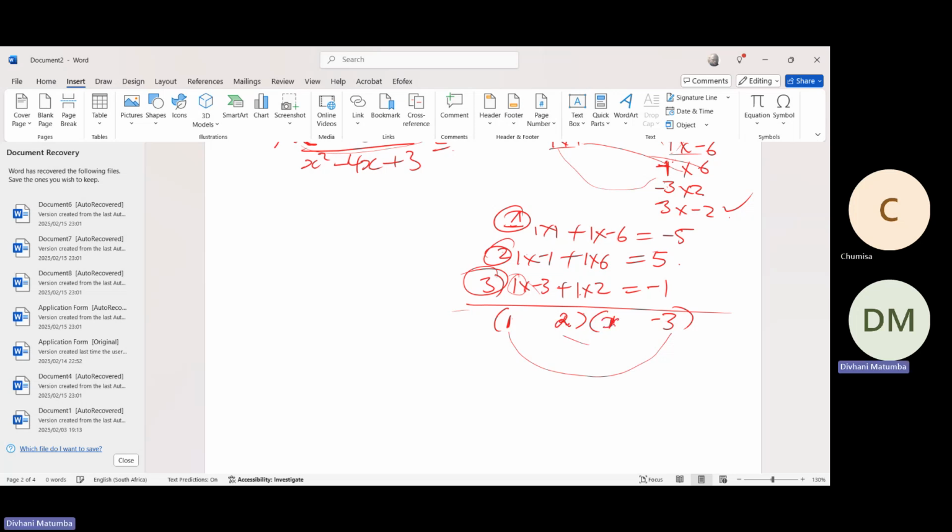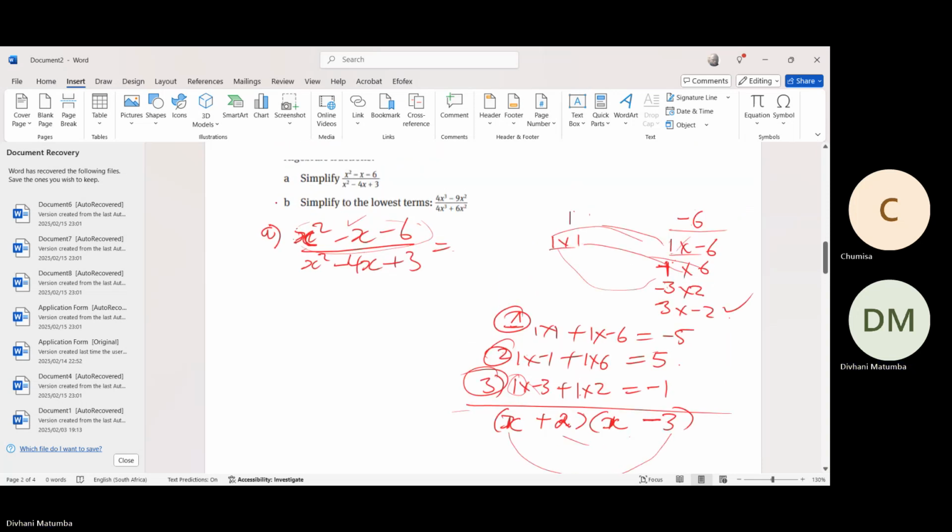And these two are x and x, right? So these are the two factors: x plus 2, x minus 3, divided by the bottom one.